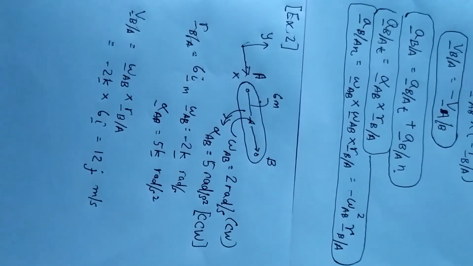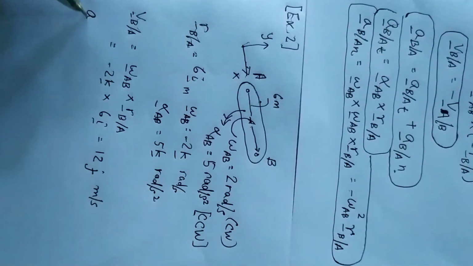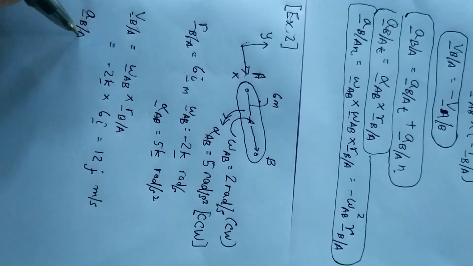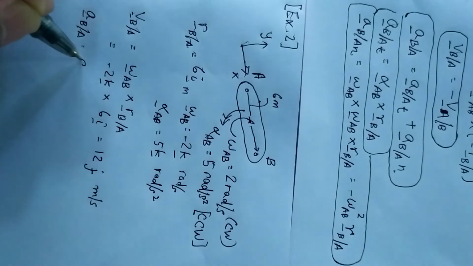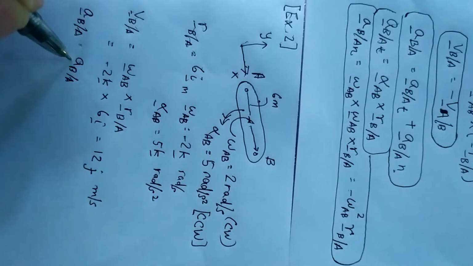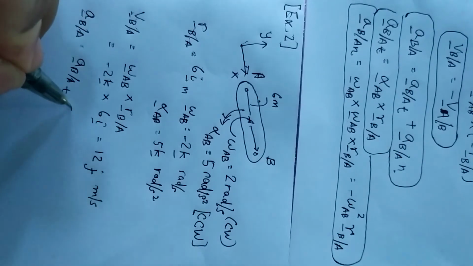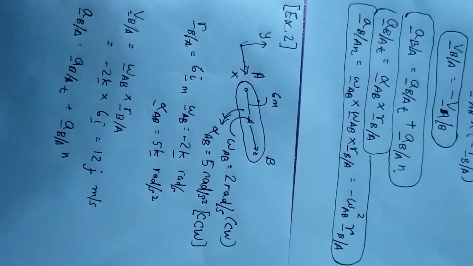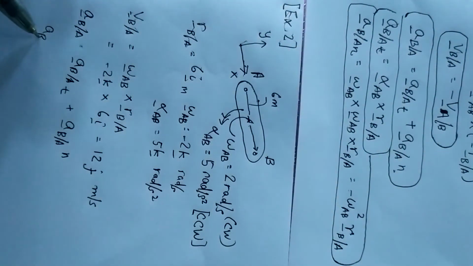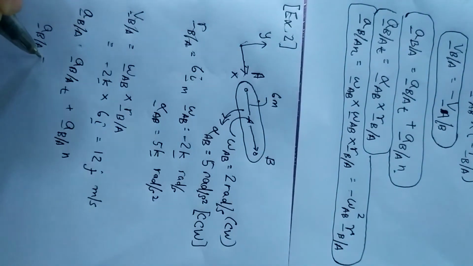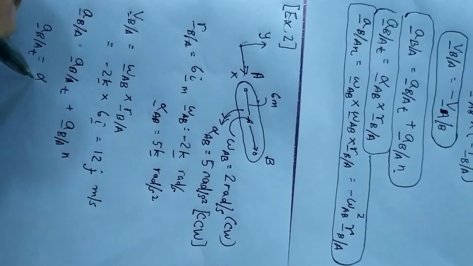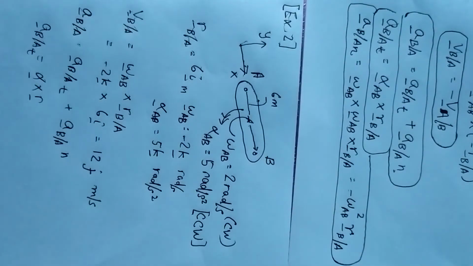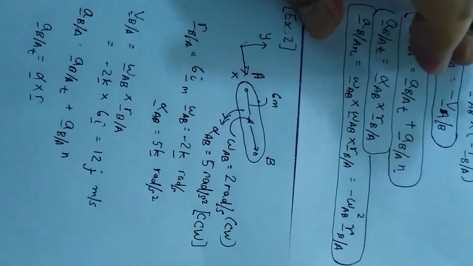Then we can find the acceleration of B relative to A. There are two components, the tangential component and the normal component. The tangential component is given by alpha cross R, alpha cross the position vector.